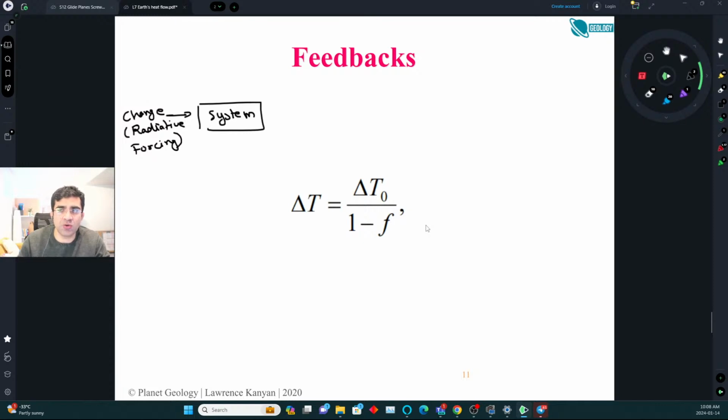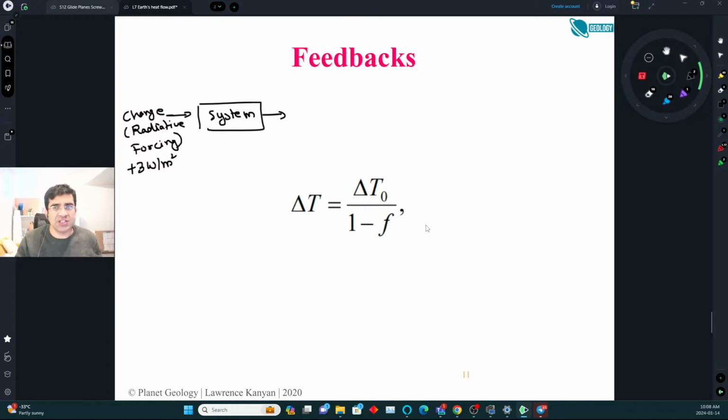Suppose we double the CO2 concentration and the system is disturbed. So it introduces another plus 3 watt per meter square of radiation into the system.